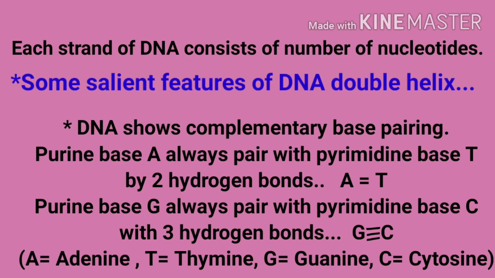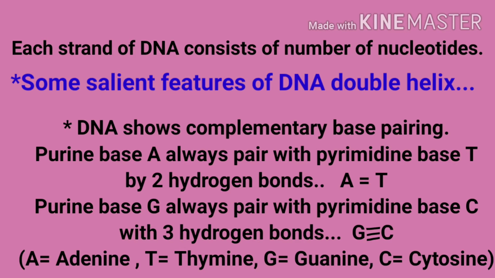Let's discuss some features and structure of the DNA double helix. The first important thing is that DNA shows complementary base pairing. That is, the nitrogen bases present on one strand pair with the nitrogen bases of the opposite strand.